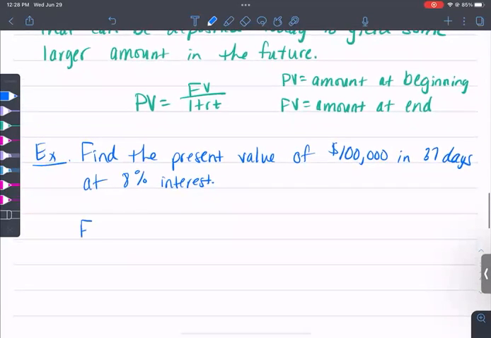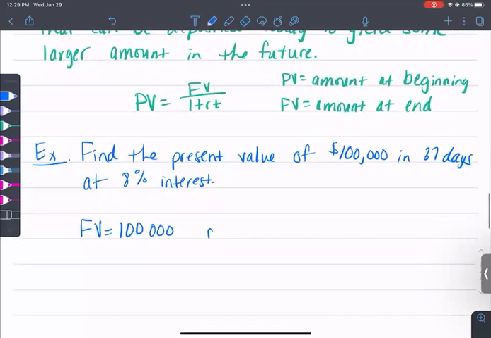So present value is what we're looking for. Future value is what we know. We need in 37 days to have $100,000 using an interest rate of 0.08 times 37 days. Anytime you're using days, assume 365 days in a year.